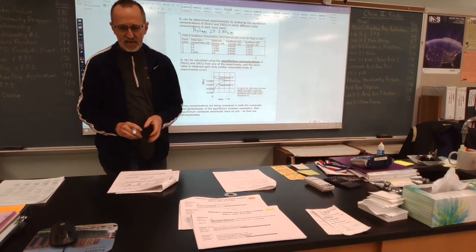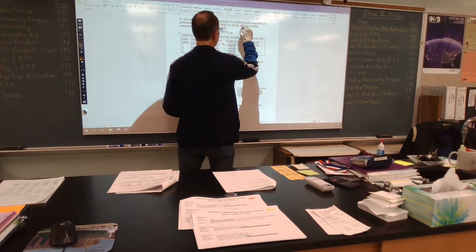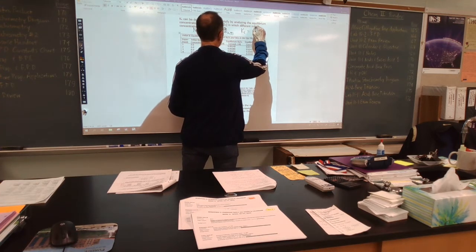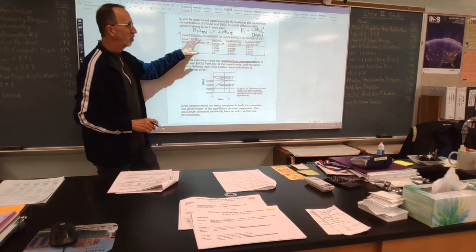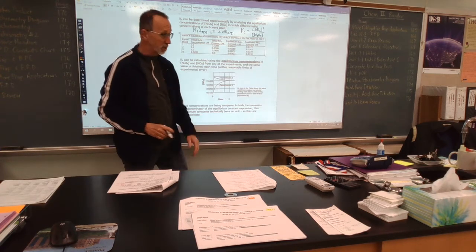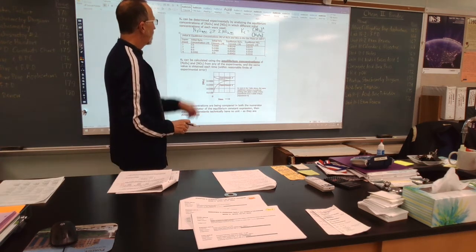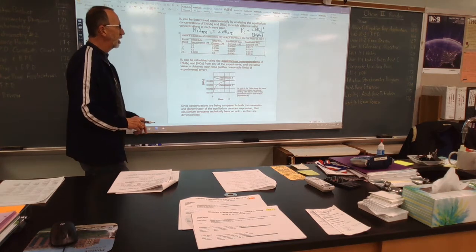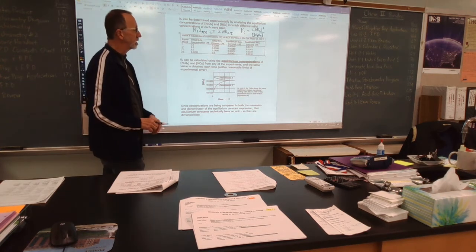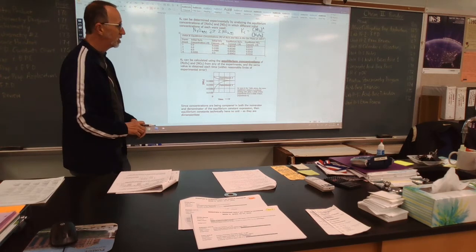And again, our Kc or Keq for this reaction, products over reactants, is the concentration of NO2 squared over the concentration of N2O4. So here's our equilibrium reaction, and here's our equilibrium expression.